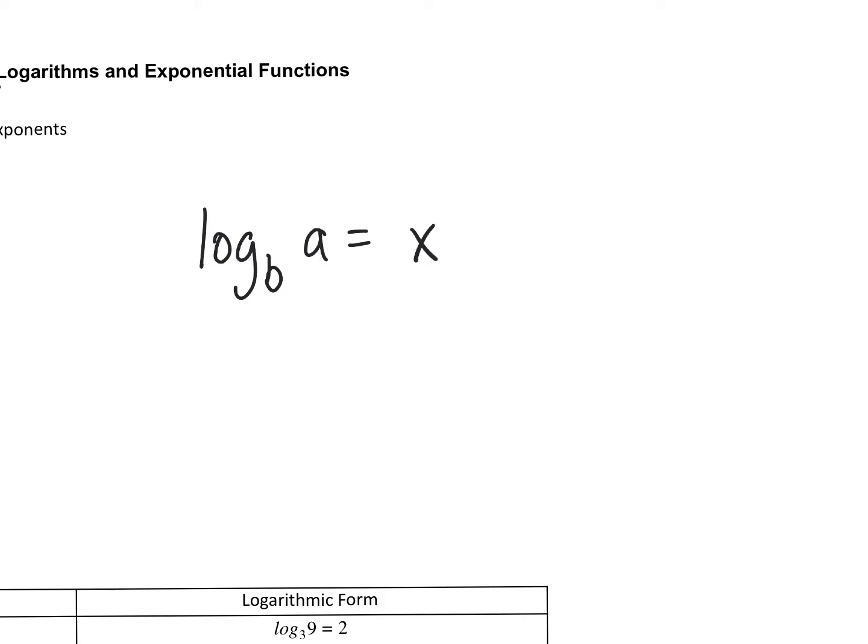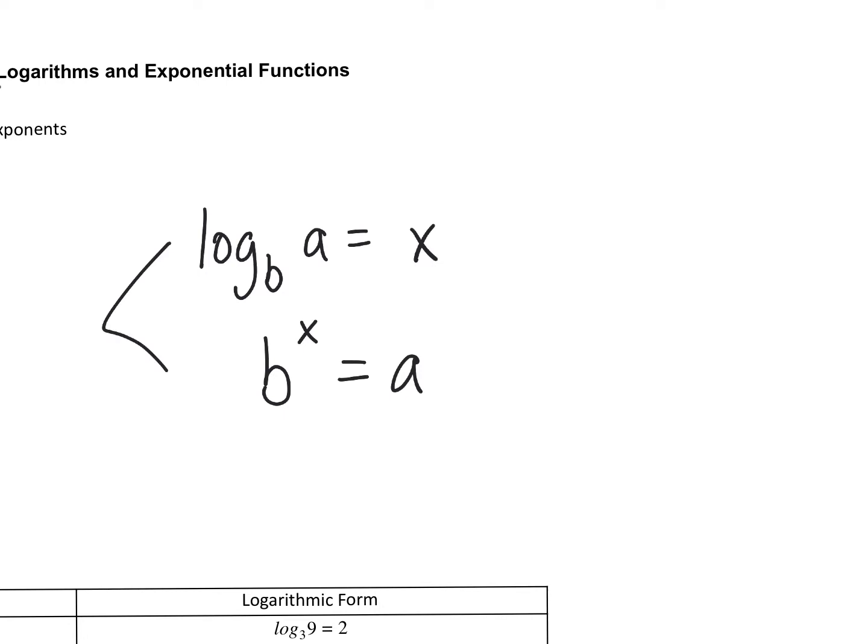This is synonymous or the same as this right here. The base of an exponent with exponent x equals a. These two forms are interchangeable.